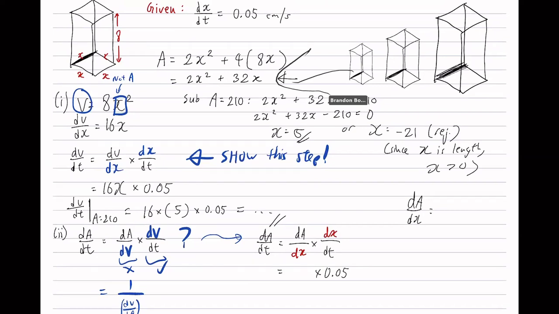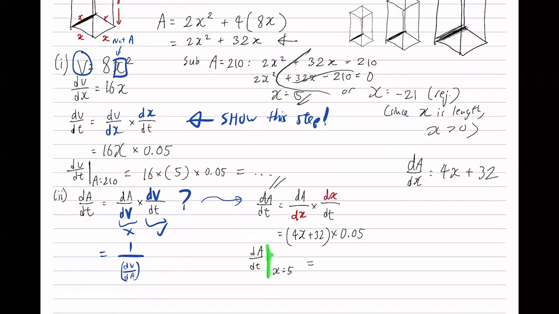So you can find dA by dx, which is 4x plus 32. Very good. Then you can just sub in 4x plus 32. And then last step, sub in x equal 5. I don't like to write English words, so I like to use symbol. Vertical line x equal 5. Okay, then 4 times 5 plus 32, bracket, times 0.05 equals to whatever.